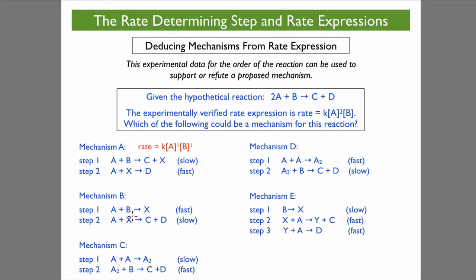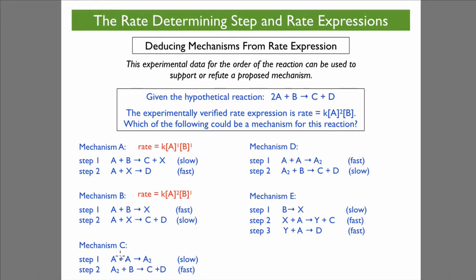So we've got X as an intermediate, so it wouldn't include that. So we're going to have A1 here in a slow step, but X is formed in a fast step by 1A and 1B. So we've got two A's required, so A to the power of 2, B to the power of 1. So that one kind of matches.